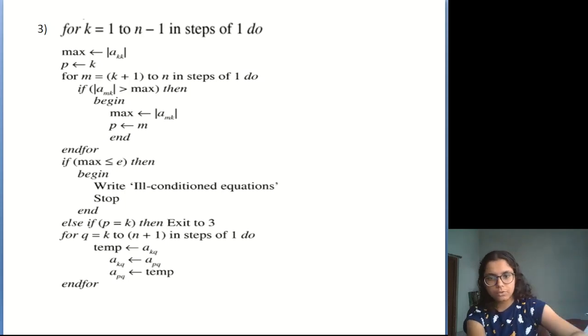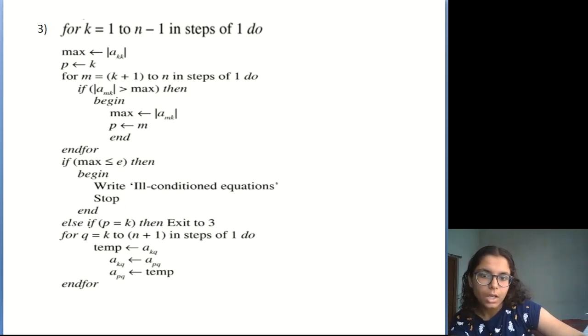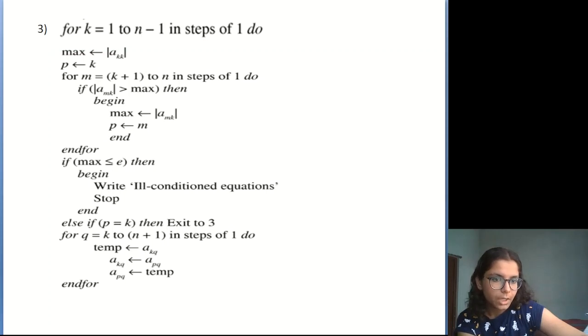To do that, we run this else part, and then a for loop q equals k to n plus 1 in steps of 1, and then we do the swapping: temp is assigned a k q, a k q is assigned the value of a p q, and a p q is assigned temp. This would end the pivoting.